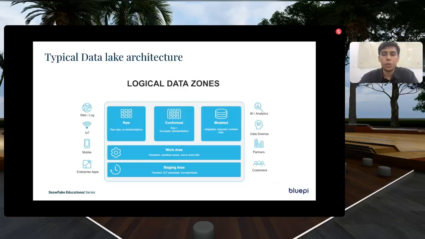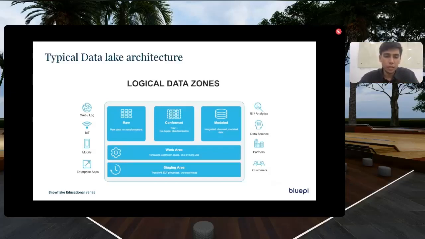Now, to give this report to them, you need to model the data in such a manner that it is easily available to that end user, and that is a type of transformation that you do in the journey of data from left to right.